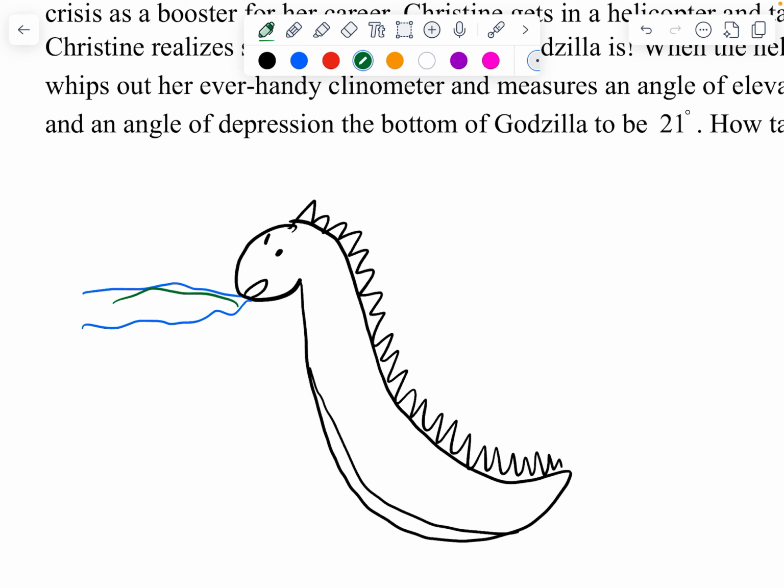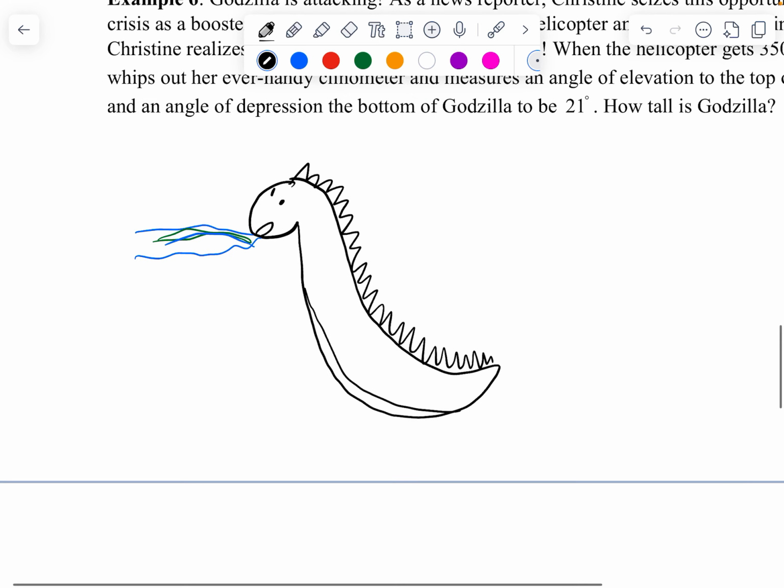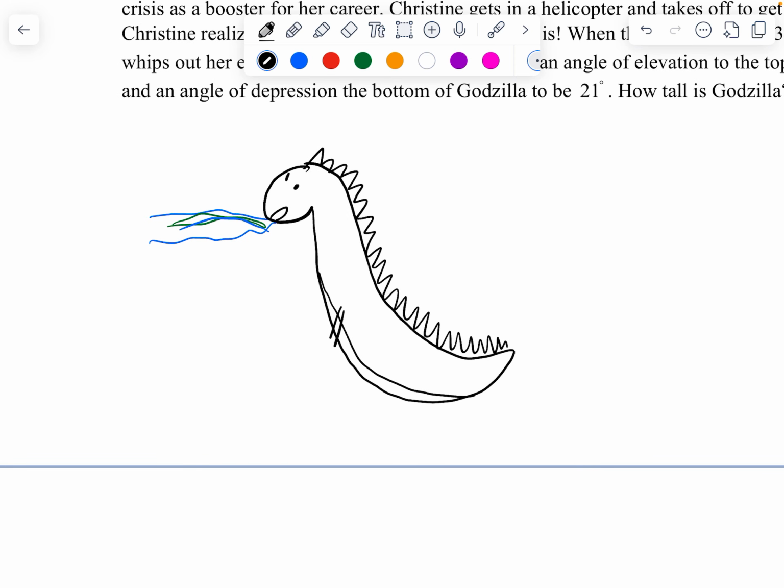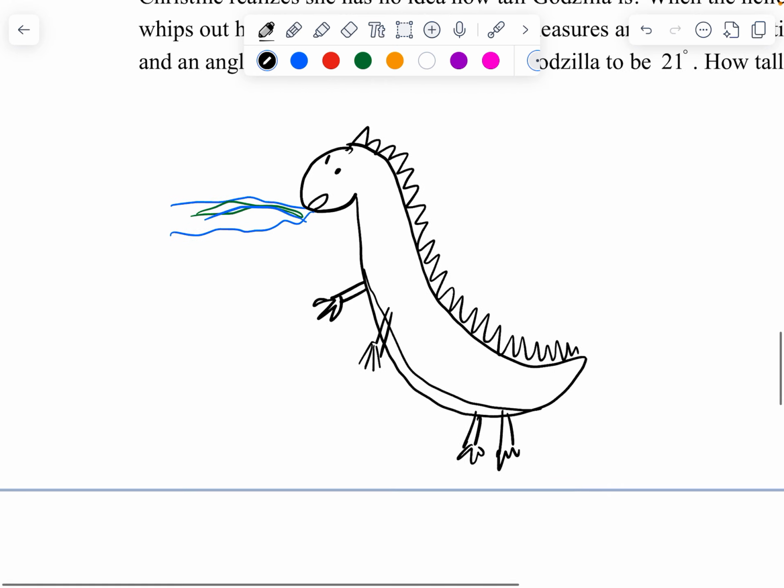Apparently it's not fire, I've been told this by multiple students. He's breathing out scary stuff, and here's his hand, and here's his other hand, and here's his feet. Yeah, that looks terrifying. I would not want to be caught in the middle of that. Okay, so Godzilla. I wanted the eye to be open.